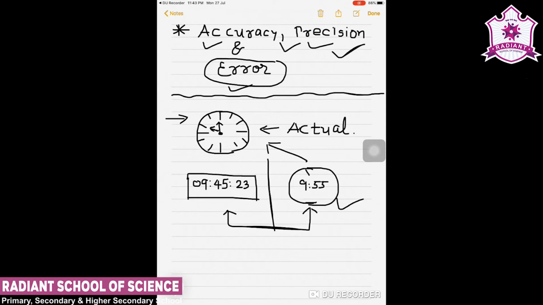So in these two clocks, this one is near to the actual value, so this is accurate, but this clock gives more information of the time. Like in this clock we do not have information about seconds, but this clock gives us the information of hour, minute and second. So it is more precise.